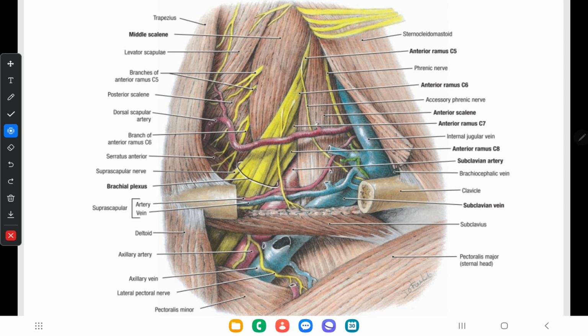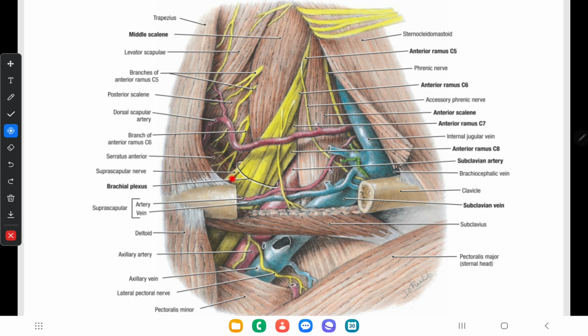Here is a picture with a further dissection than the previous picture. You can see here also the internal jugular vein as well, and here the subclavian artery and the branches coming out from the subclavian artery. Then very clearly the brachial plexus and the suprascapular nerve also you can see here.